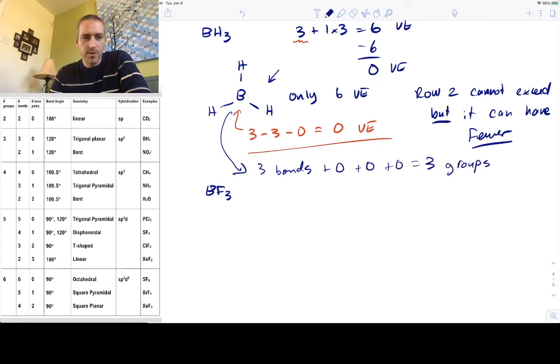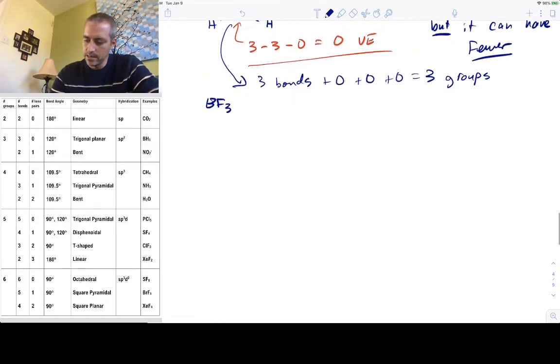So from our table, you can see 3 groups with 3 bonds means it's in the second set there. It's the first row of the second group in our table. It's got a bond angle of 120 degrees. It will have a geometry that's trigonal planar and a hybridization on the boron that's sp2.